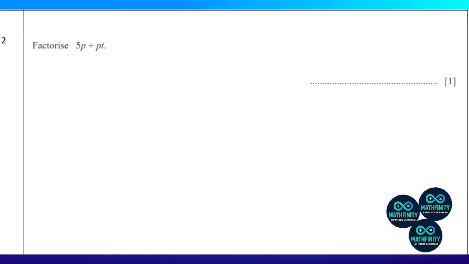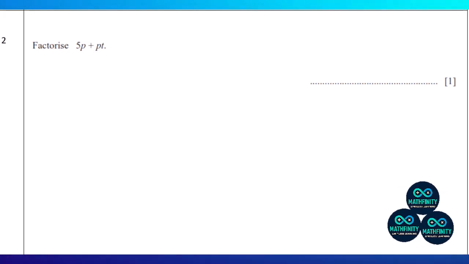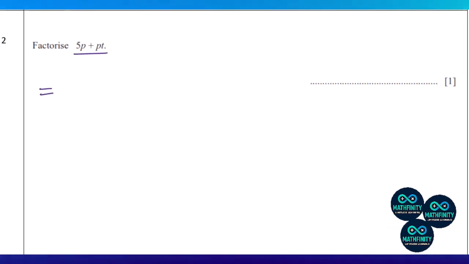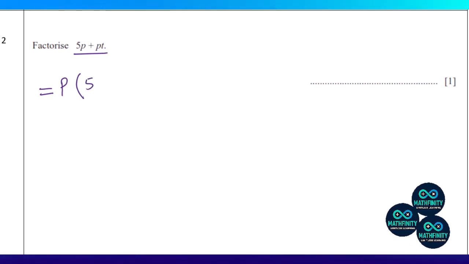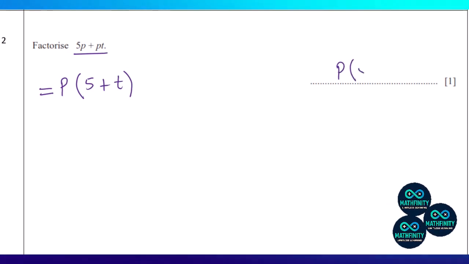Question number 2, factorize 5p plus pt. So two terms are there and we have to factorize. What is common between them? p is common between them. We will take it outside, and what is left inside? 5 plus t. This is the final answer. You have to write here p(5 plus t).